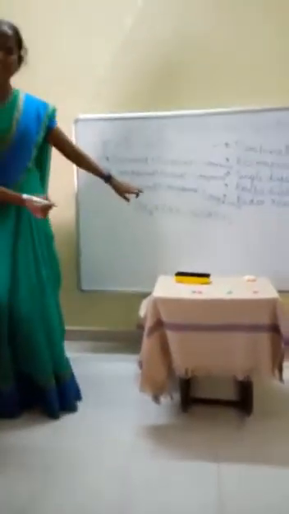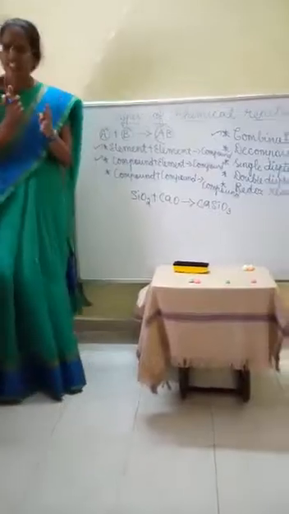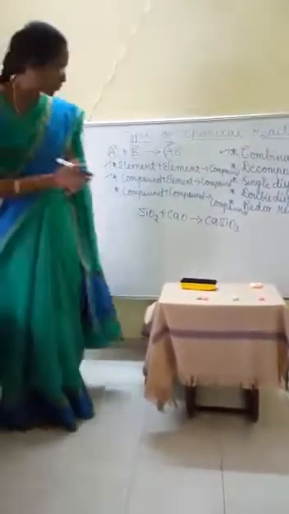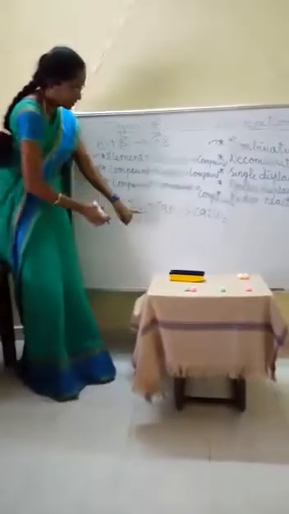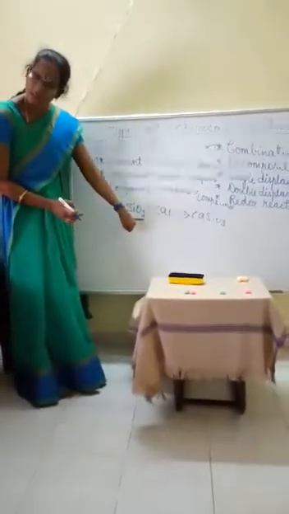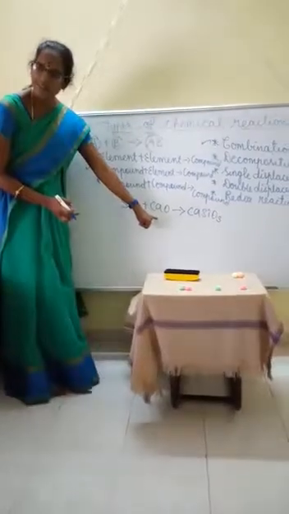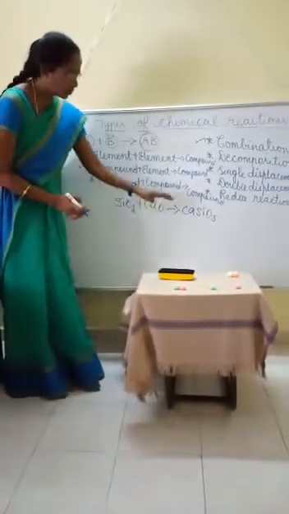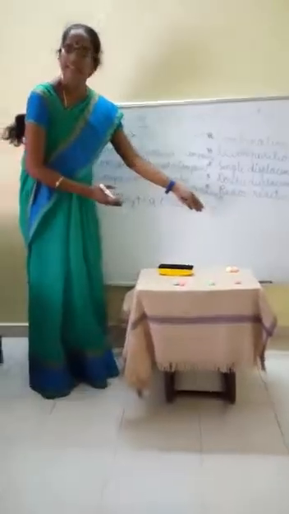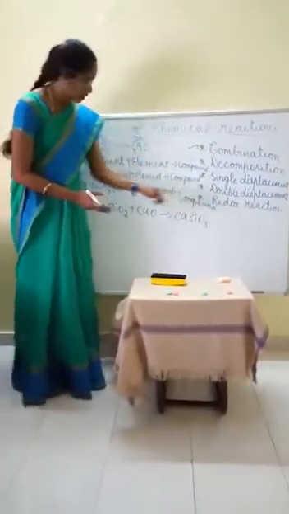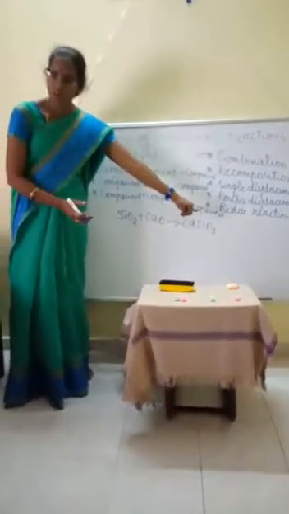In this type of reaction, the reaction takes place between two compounds. For example, take silicon dioxide, which is a compound. Calcium oxide is a compound. Both compounds react to give a compound, calcium silicate. So compound plus compound gives compound.